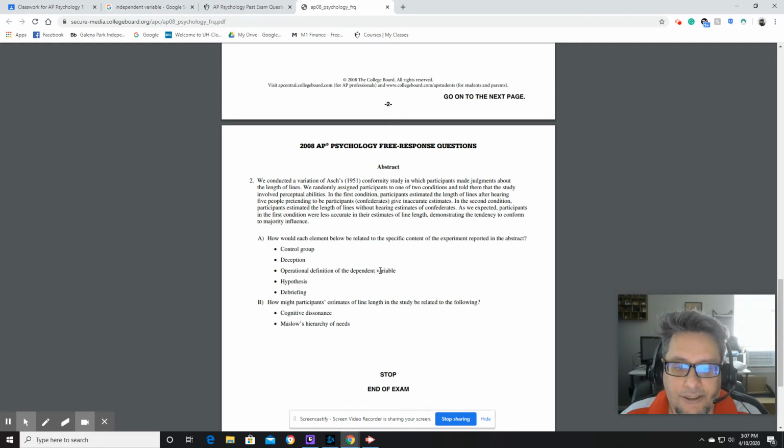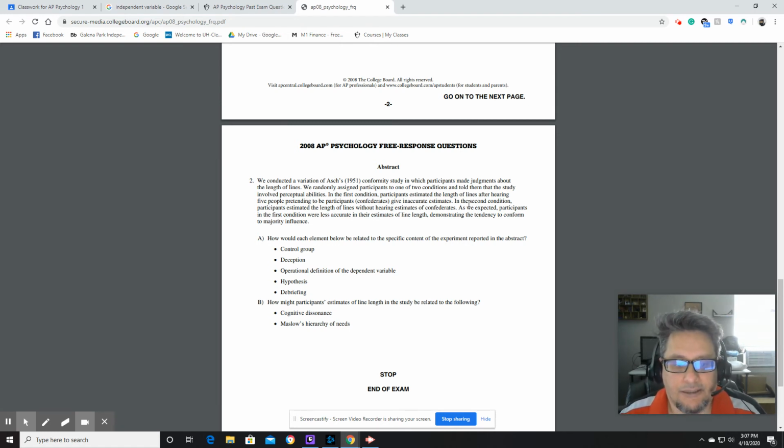So the operational definition of the dependent variable is what we're measuring: the number of times that they got the line question correct. Or another way of putting it is the number of times they missed, right?